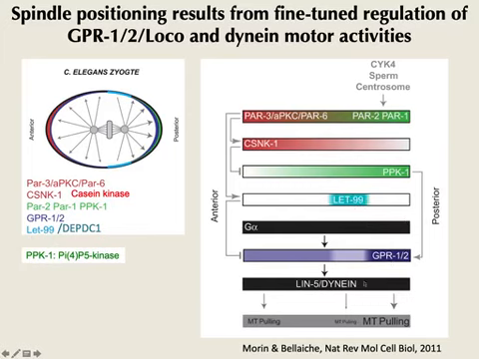And then the other part is to have slightly more pulling in the back than in the front, okay? Because that will allow the system to position the spindle slightly offset from the middle. And this is more or less directly affected by the PAR complex.